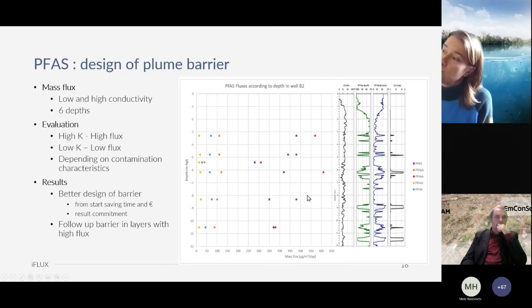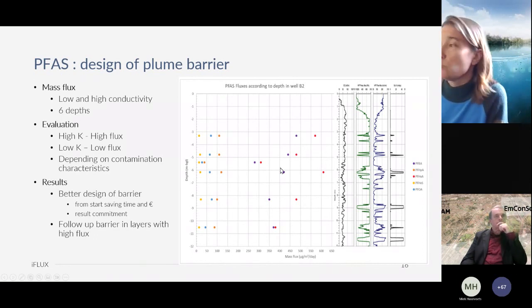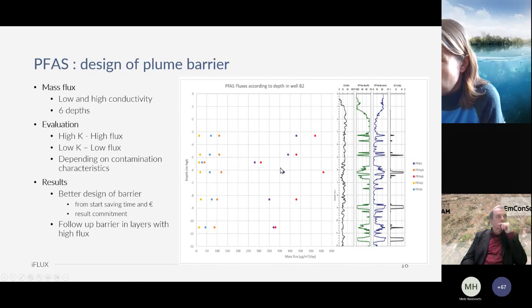So these flux measurements allowed a better estimate of the total mass discharge moving downstream and a better design of the barrier, so that from the start the right amount of product was injected.